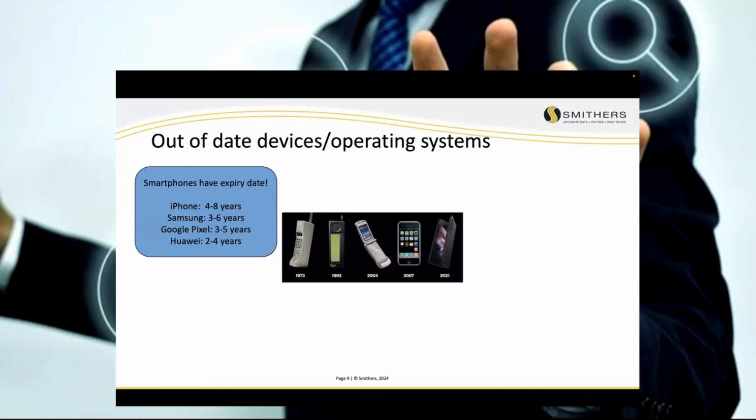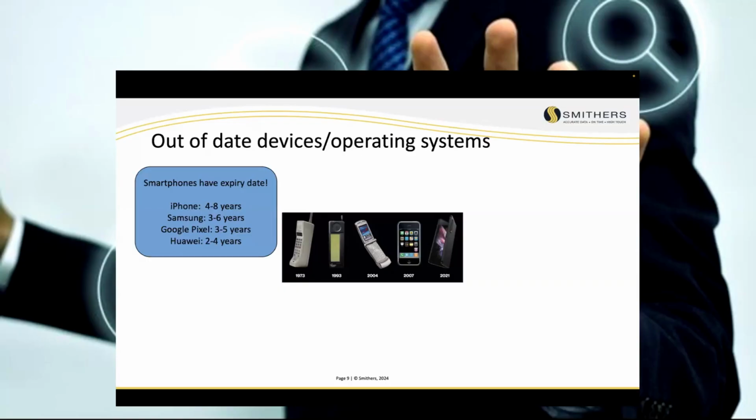Short answer is that Apple is committed to 5 years, but for the average iPhone, somewhere between 4 and 8 years, they will stop supporting that iPhone. They will stop supporting the updates. That iPhone will no longer get software updates, patches, or security updates. It stops. Samsung is somewhere between 3 and 6 years.